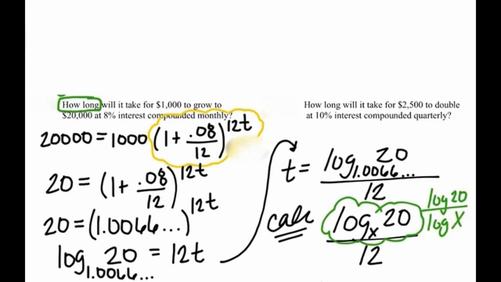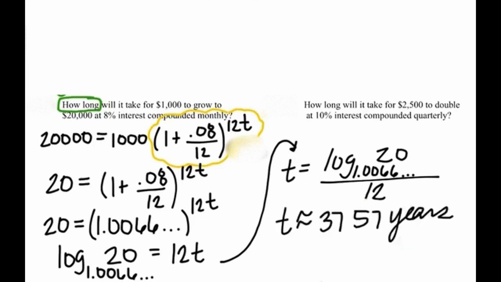So definitely try these keystrokes on your own. Pause the recording when you need to, because you want to make sure that you're not making a careless calculator mistake. You want to know how to use your calculator correctly. But when you enter all of this in, you should end up with an answer of approximately 37.57 years.